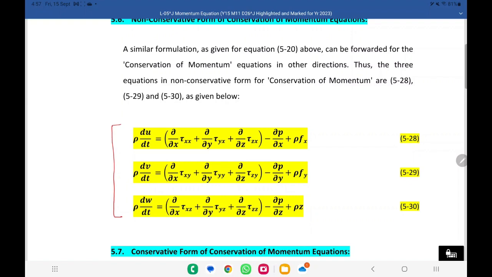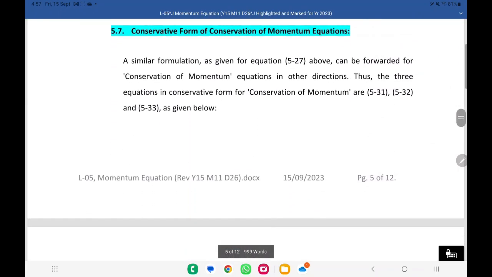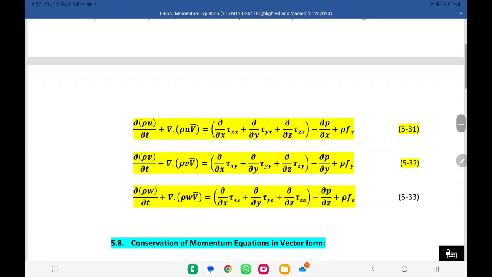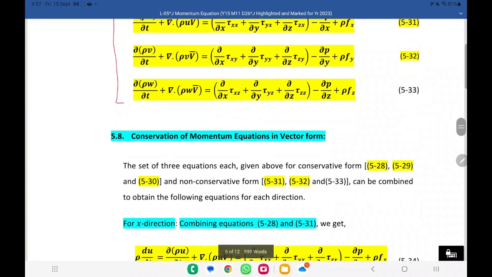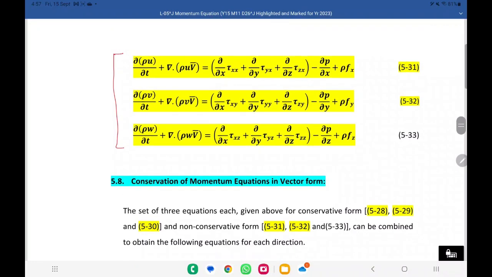which form non-conservative, and this is three equations conservative form. Alright, and we can go a step further. We can write these three equations together as a single equation, but that would become a vector equation. So what is a vector equation? It's actually basically three equations put together.